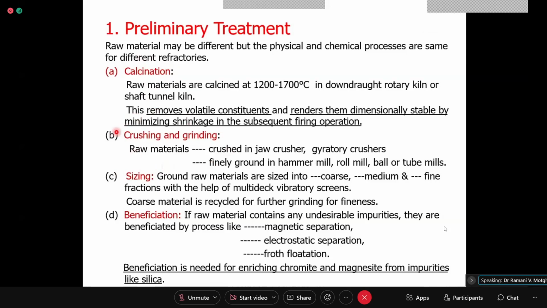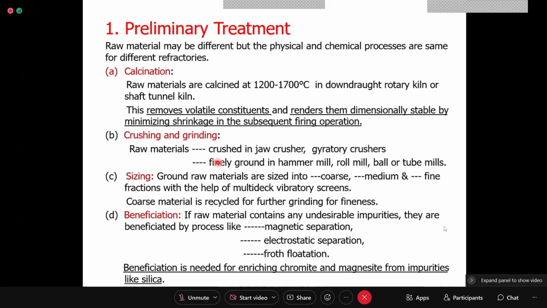Crushing and grinding is such that not all will be pulverized to a fine size of micron. Depending on what material you are manufacturing, you go for taking different sieves. 100 micron sieve, 10 micron sieve, millimeter sieve, then centimeter sieves, 1 inch sieve, 10 centimeter sieve.